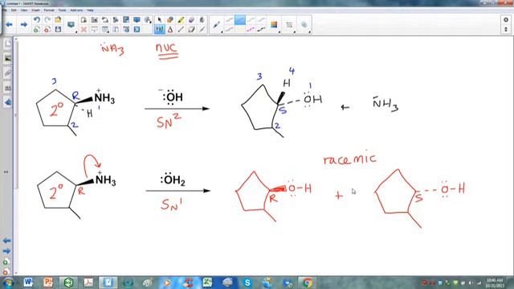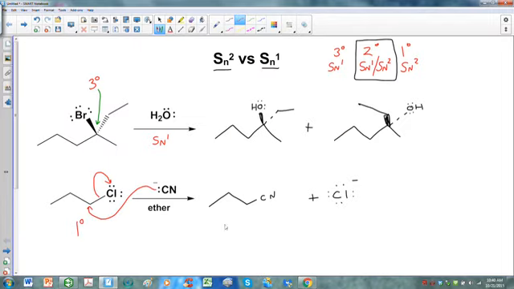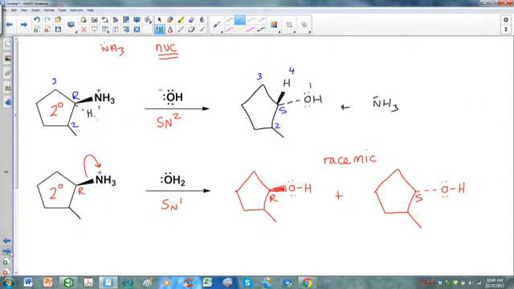Alright. So the thing to remember is whenever you do an SN2 reaction, you always get out one carbon containing product. The SN1 reaction always produces two products. It's kind of a hallmark of the SN1 reaction, which is two products. SN2 is one product.